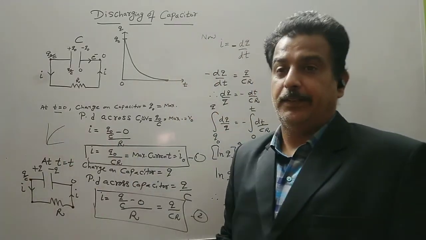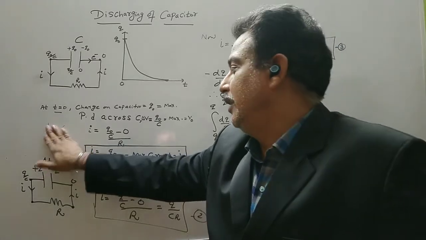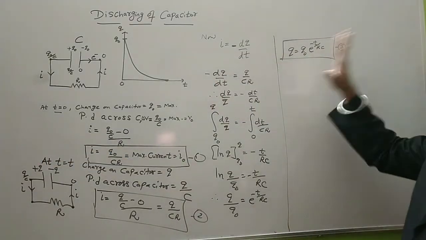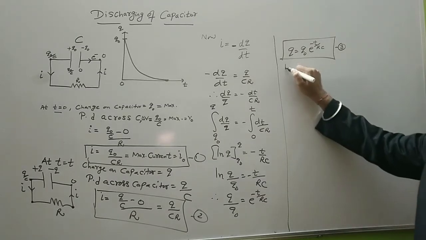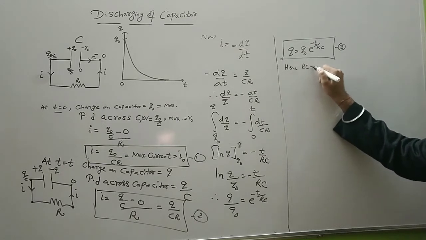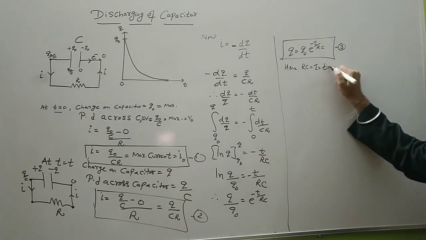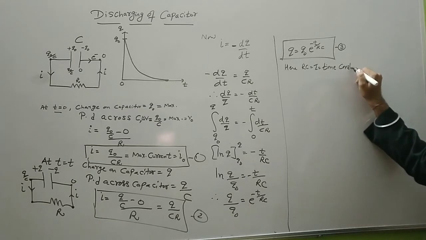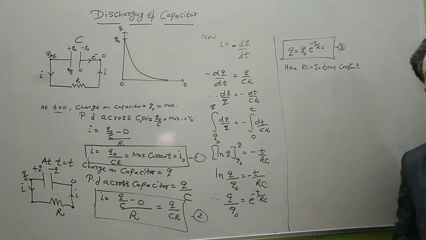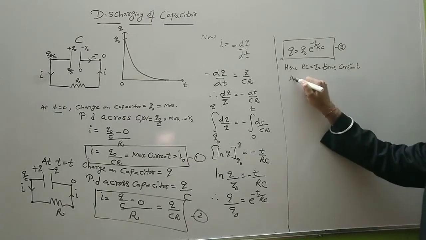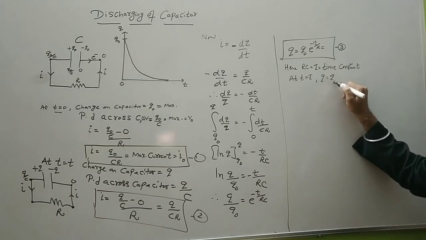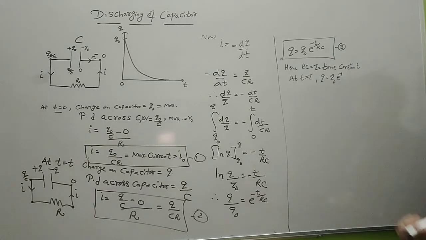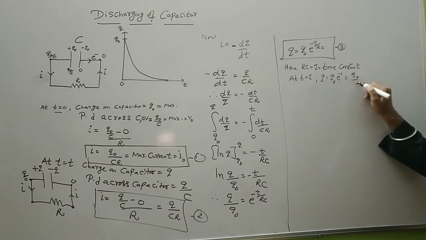This was the case that we studied in the last lecture. So this is the case of charge on a capacitor at any instant. Here RC is equal to tau is equal to time constant. Now at t is equal to tau, q is equal to q naught e raised to minus 1, that is q naught upon e.